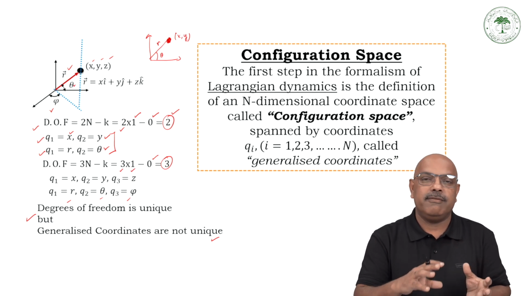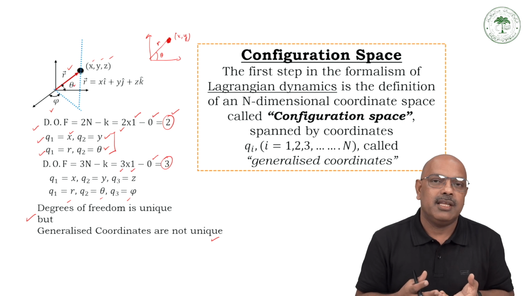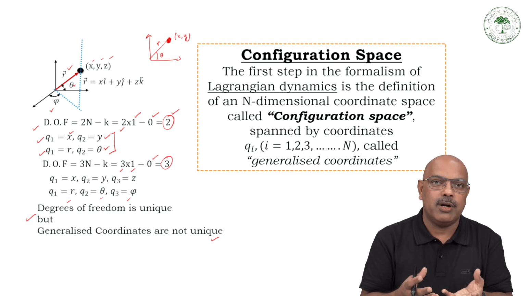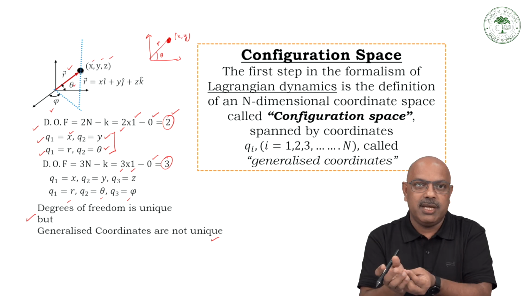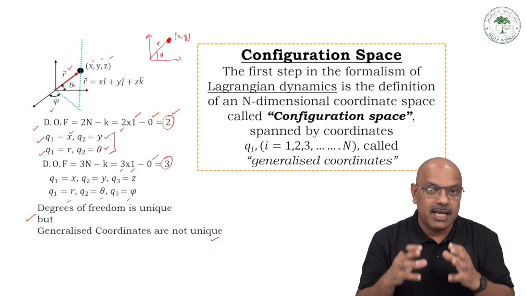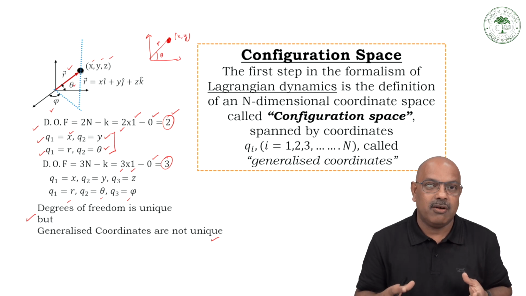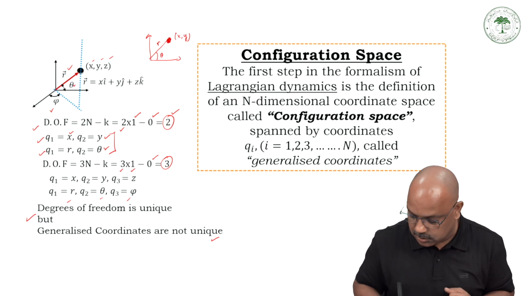But the moment you define the generalized coordinates to completely specify that system, you are going to have different coordinates. The space in which those coordinates live is basically the configuration space, and that is the space in which we are going to do our Lagrangian dynamics.